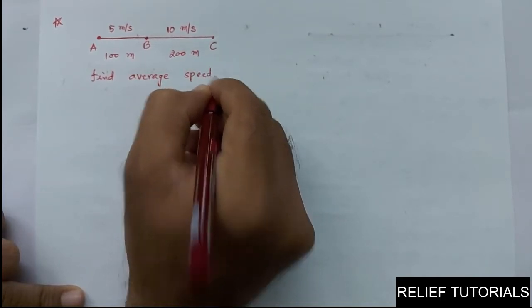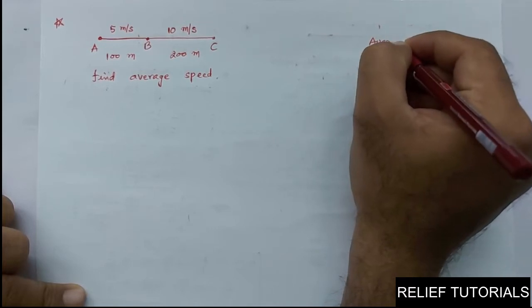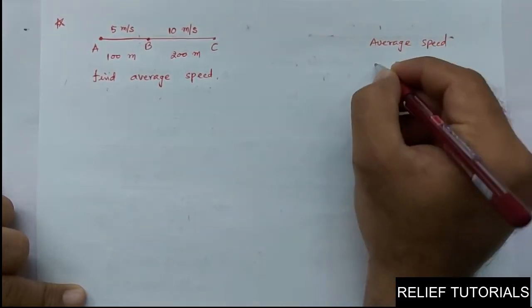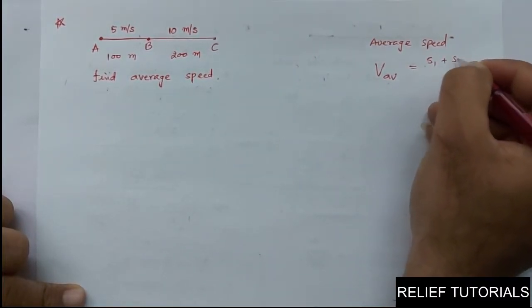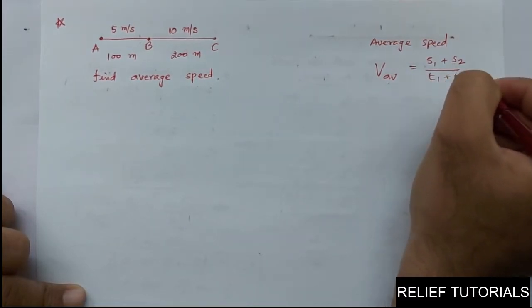We know the formula for average speed. Let me write here. Average speed VAV. Here we have two parts of the journey, so it is (S1 + S2) upon (T1 + T2).